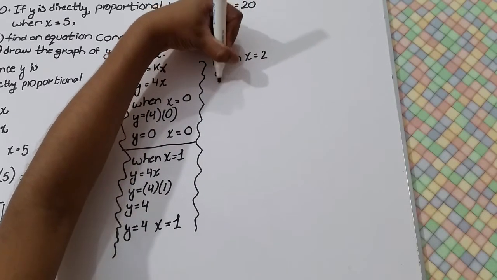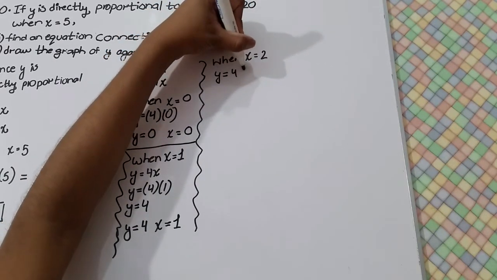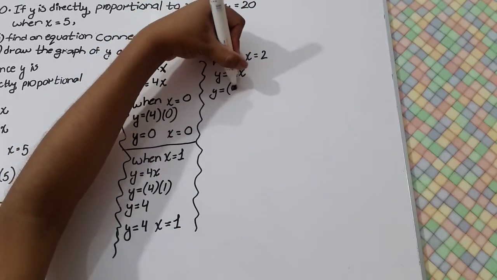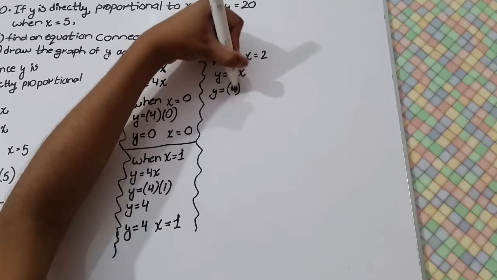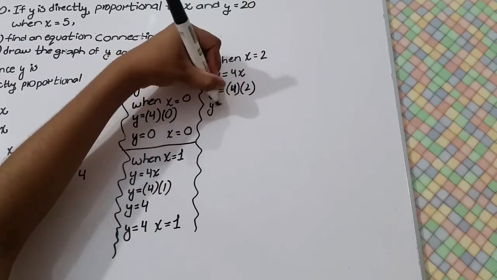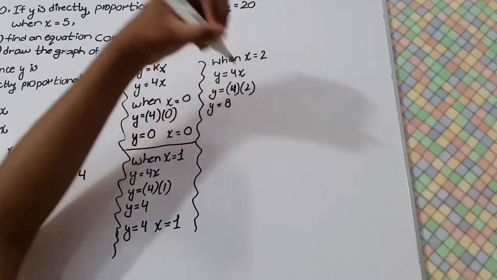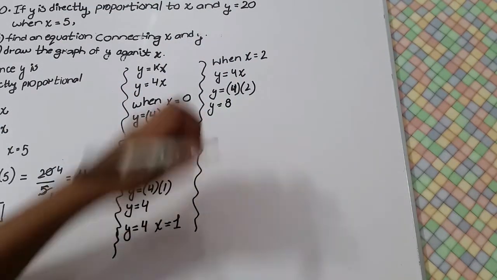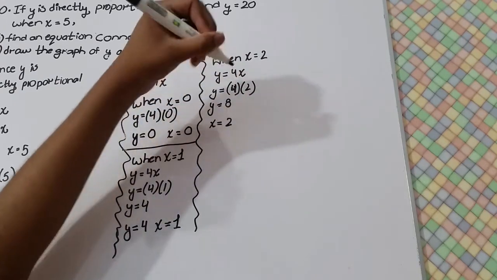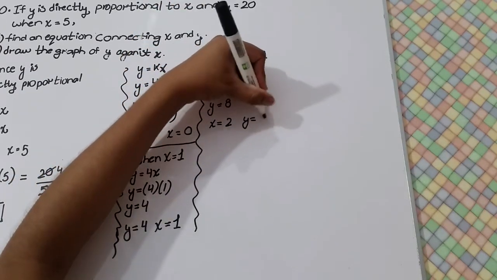So the formula is y is equal to 4x. y is as it is, 4 is the value of k, and x, multiplication, 4 twos are 8, and the value of y is 8. So x is equal to 2. When x is 2, then y is 8.